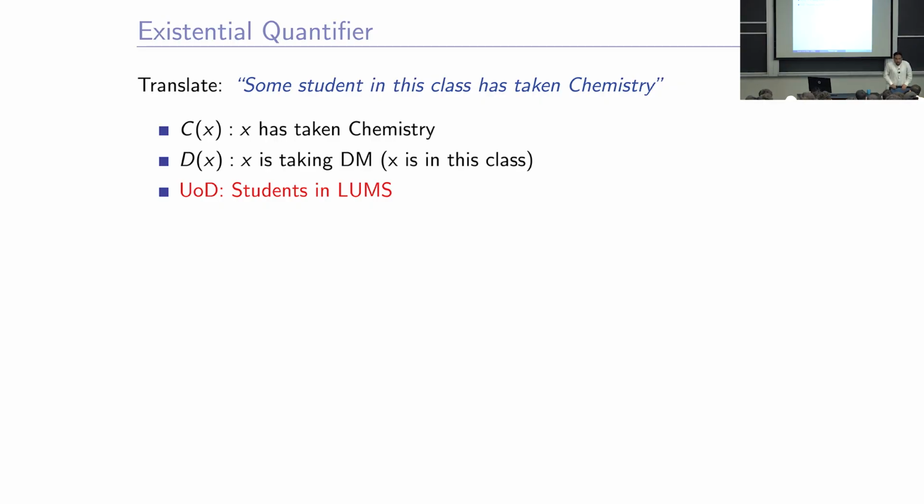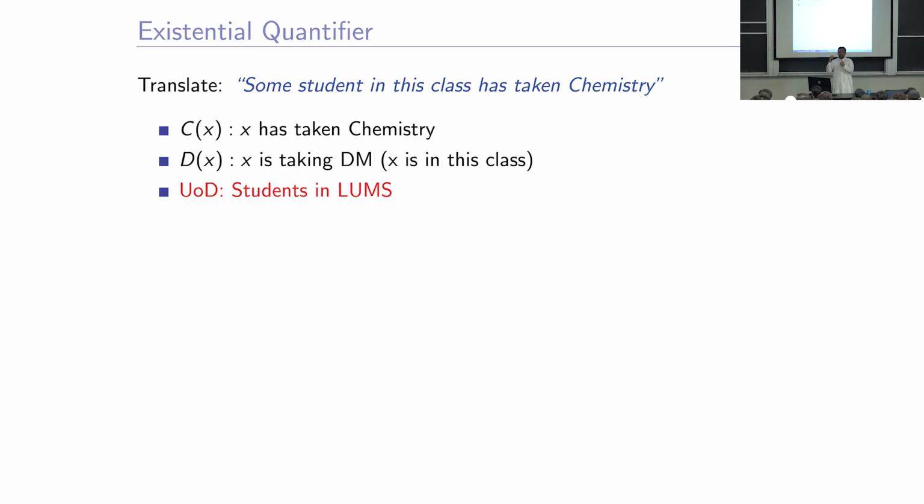What is wrong with your statement, there exists x, C of x? Which part of the blue statement doesn't it incorporate? In this class, right? So it doesn't incorporate D of x. It doesn't take into account that I want to say someone in this course has taken chemistry. What you said, somebody in LUMS has taken chemistry, is also a true statement, but that's not what the blue statement says.